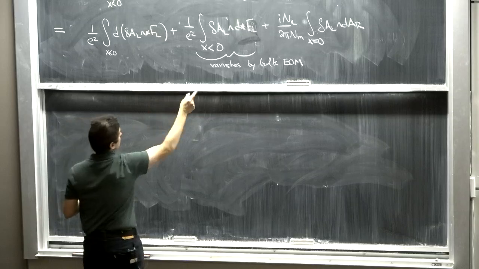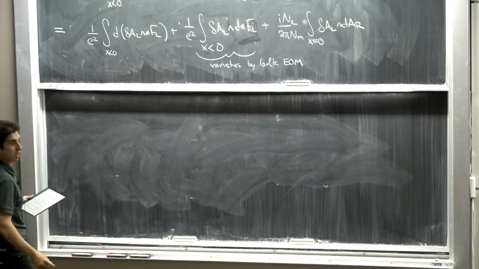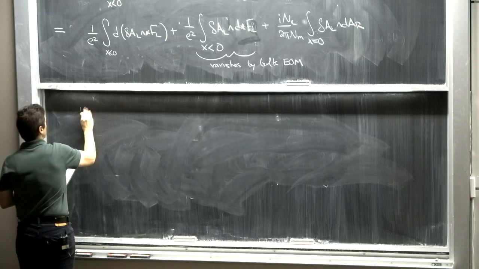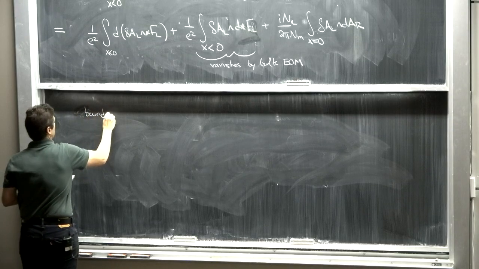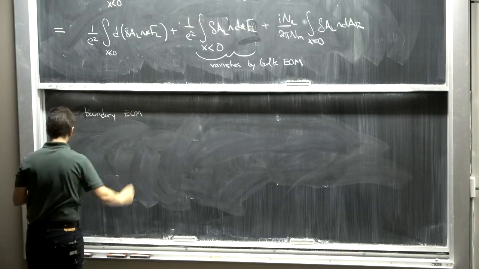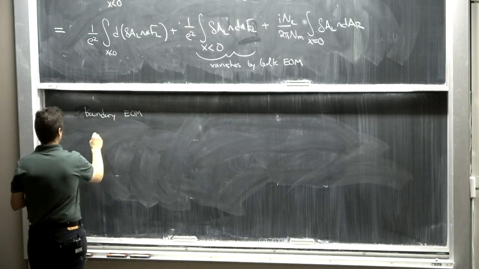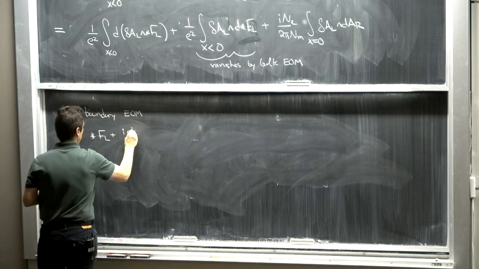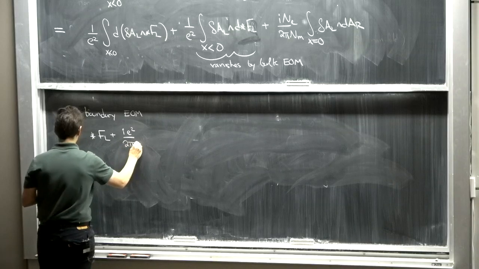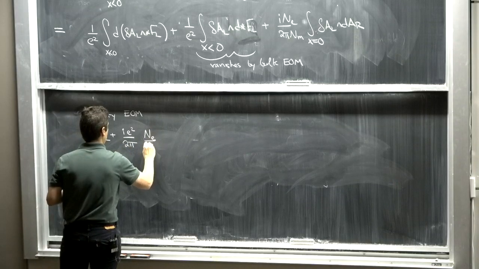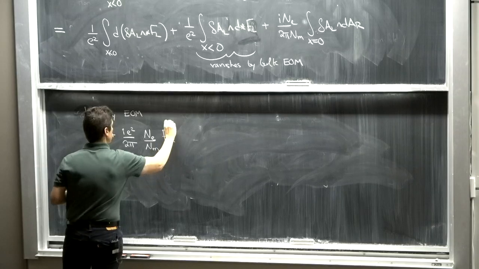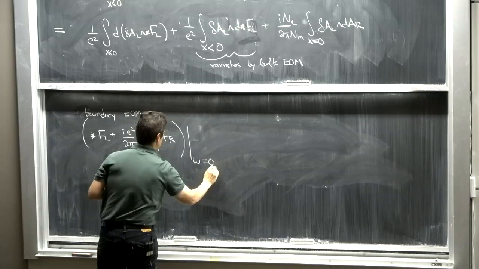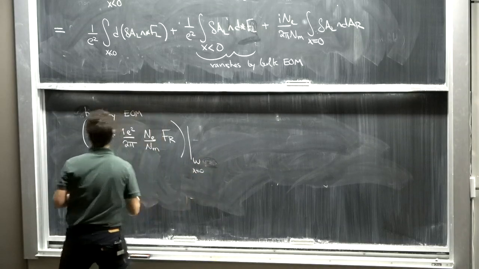But the first and the third term give us the boundary equation of motion. What is it? It is that star f left plus i e squared over 2 pi N_E over N_M f right, this whole quantity restricted to x equals 0, is 0.